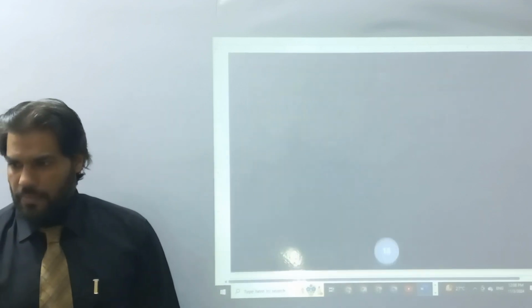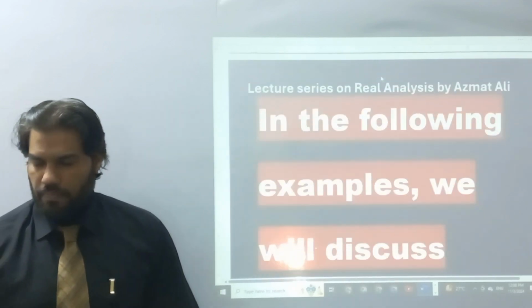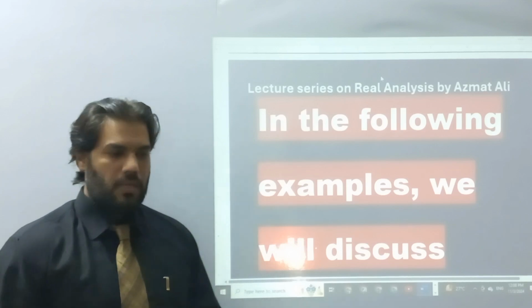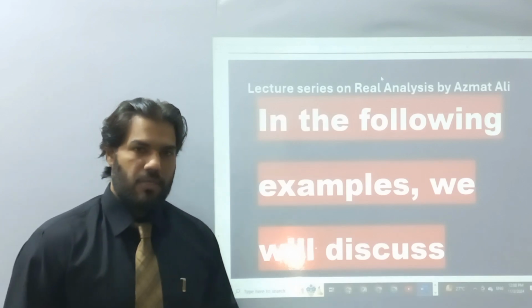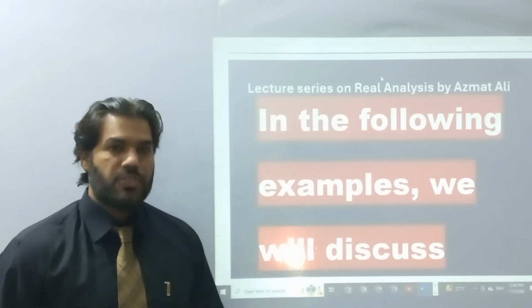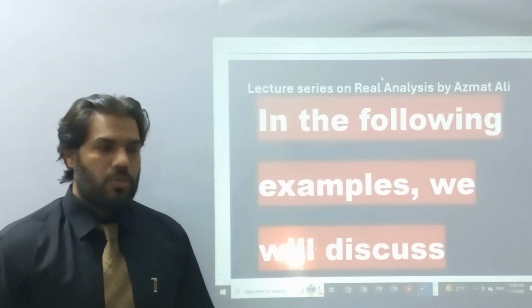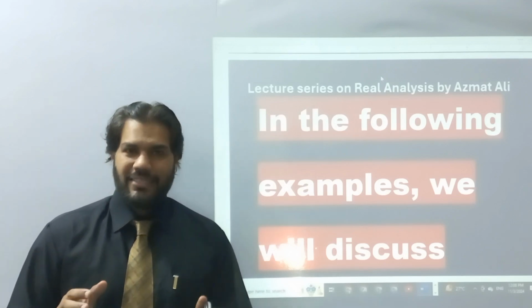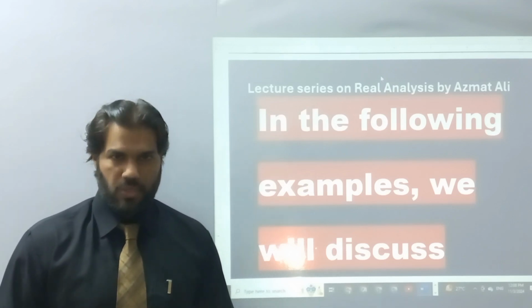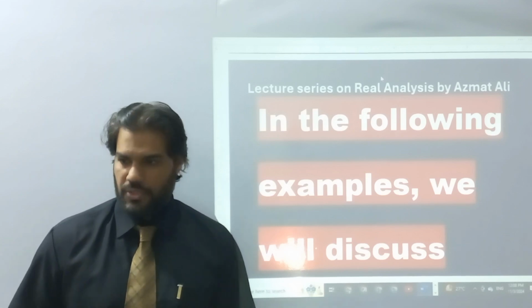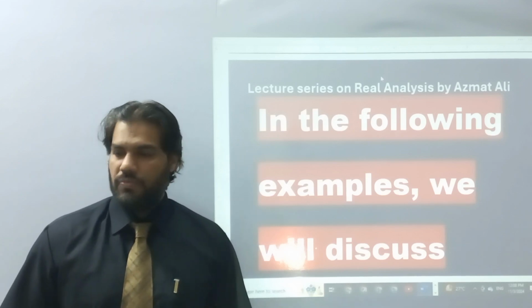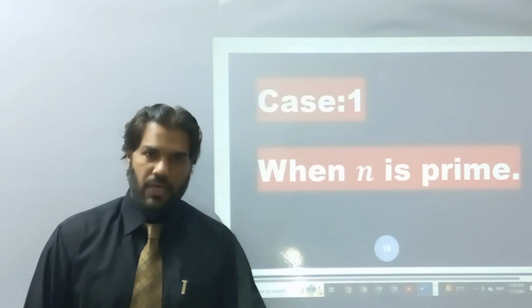After discussing all four cases, you will be able to check the irrationality of the square root of any positive integer. So in the following examples we will discuss all the cases.